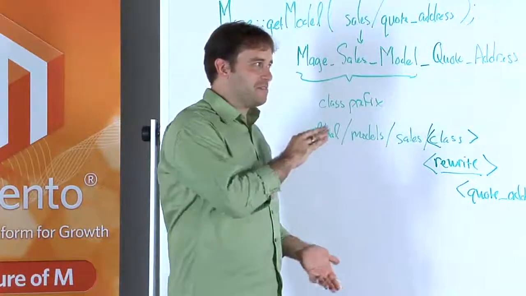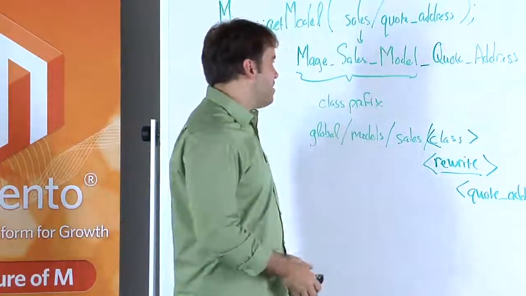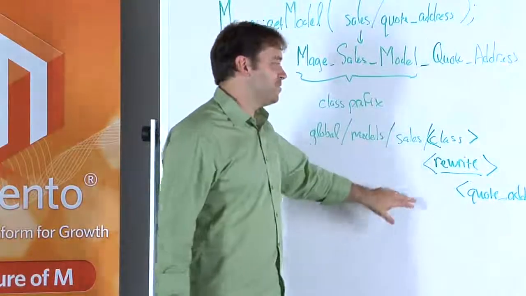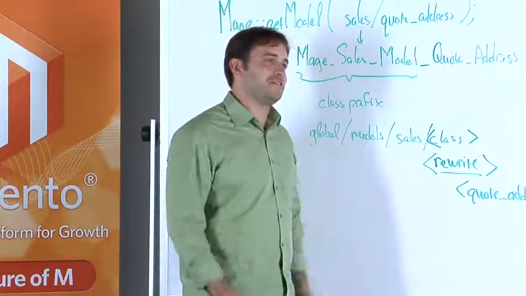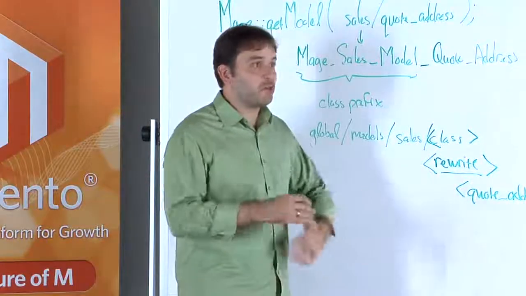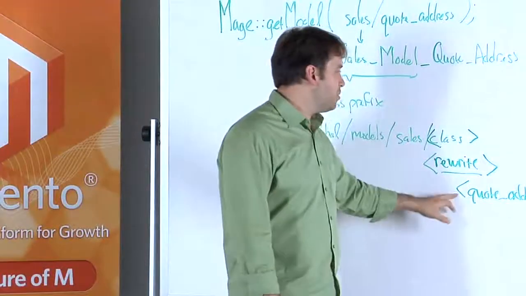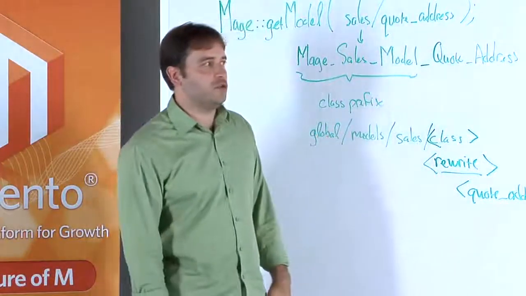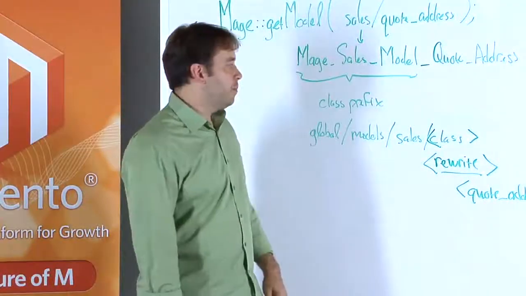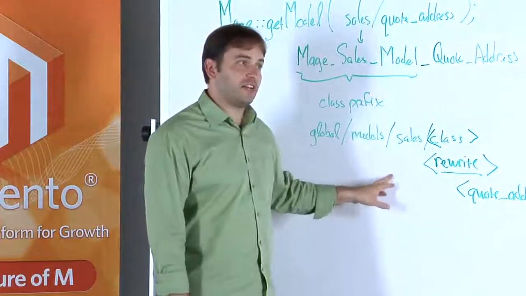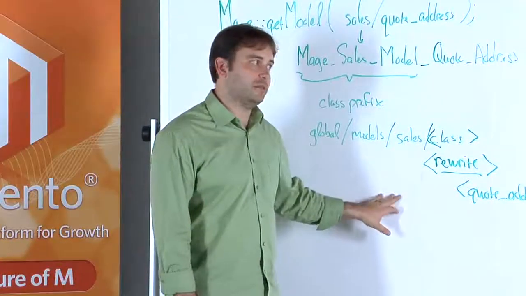This whole process, it took me... Well, parts of it, I don't think I ever looked under the hood until I started teaching this class. I mean, not really following it all the way through. You knew about the rewrite node, you know about these things, and you become more familiar with the system. But it doesn't hurt. Remember, I've referenced that class several times, Mage Core Model Config.